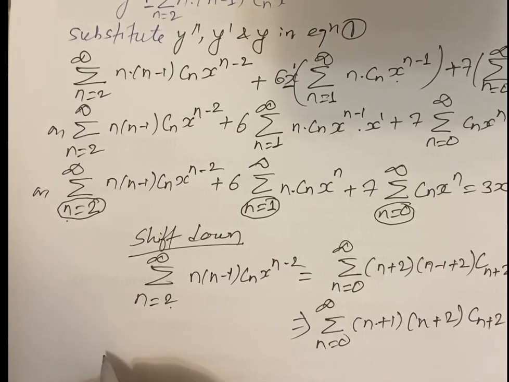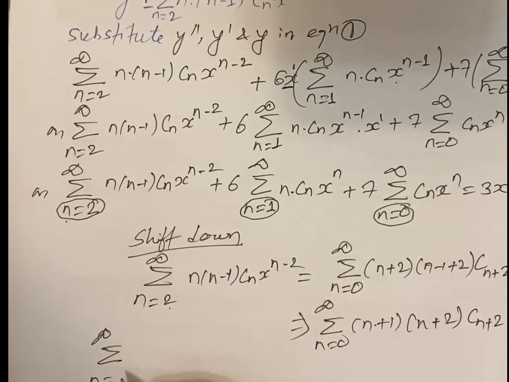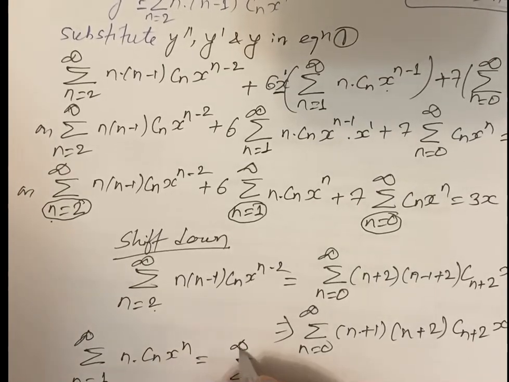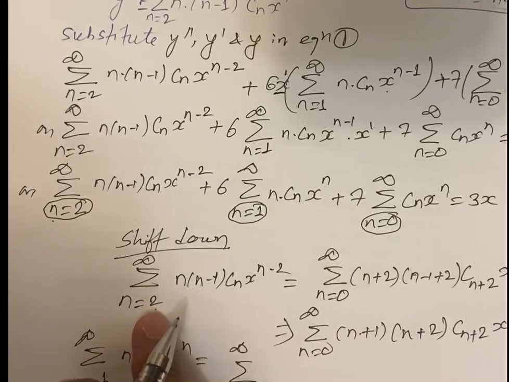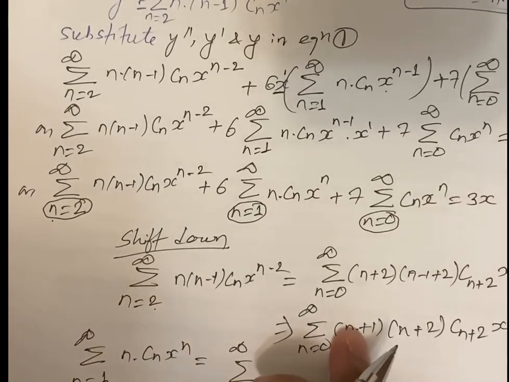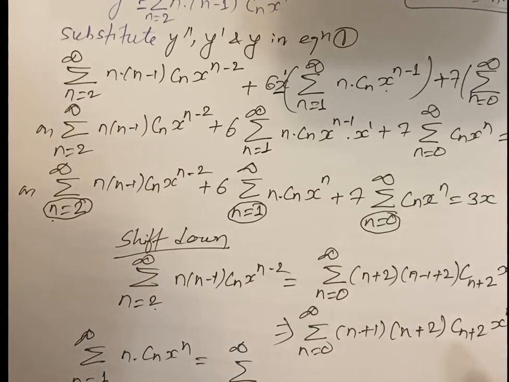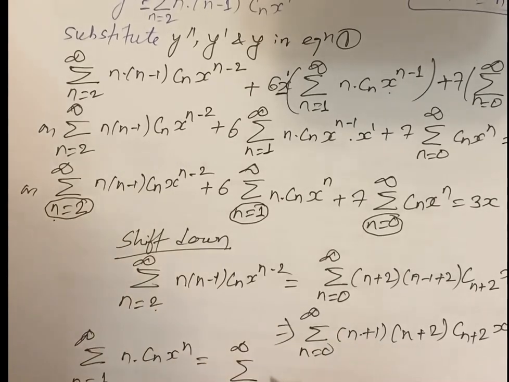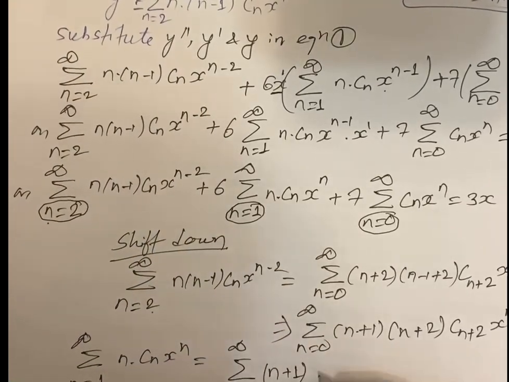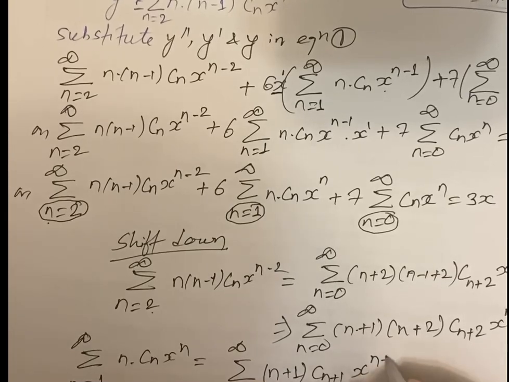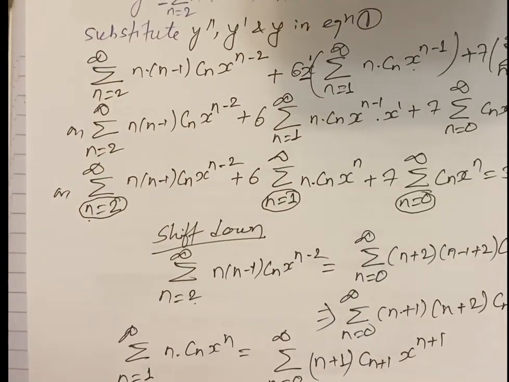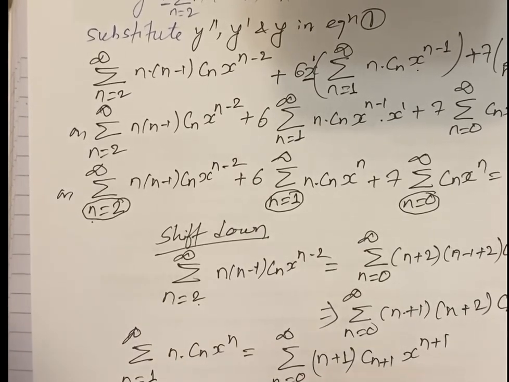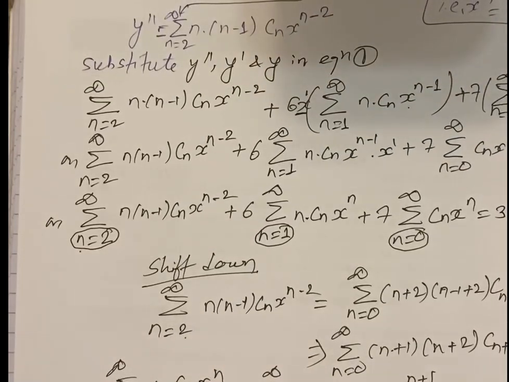Now again, do the sum from n equal to 1 to infinity of n cn x^(n minus 1). Here the 2 was shifted to 0, so we add 2 in all the n terms, and here n equal to 1 is shifted to 0, so we add 1 to all the terms, that is n plus 1 and x^(n plus 1 minus 1). Now let's substitute these values.